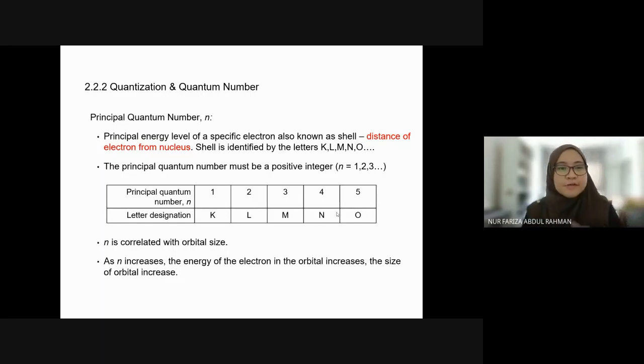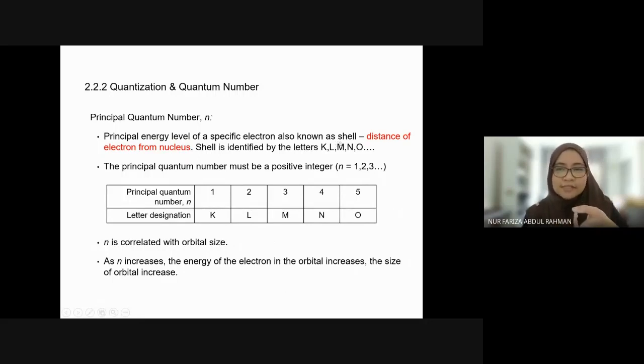Principal quantum number n. The principal quantum number n represents the principal energy level of a specific electron, which is also known as the shell. So energy level and shell can both be used. What is the purpose of the principal energy level?